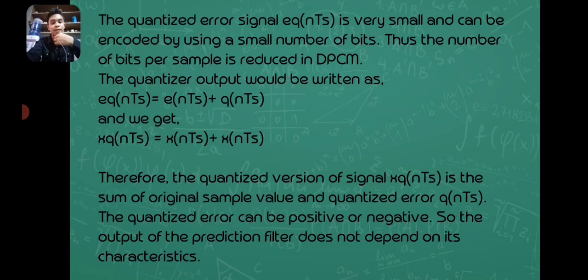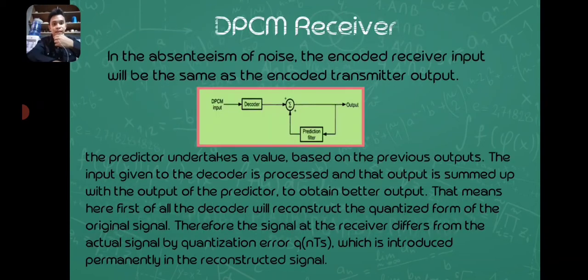Therefore, the quantized version of the signal xq(nTs) is the sum of the original sample value and the quantization error q(nTs). The output of the prediction filter does not depend on its characteristics.